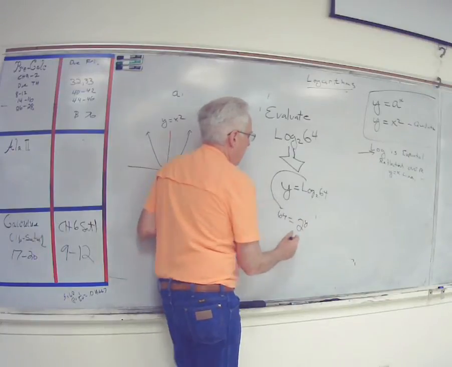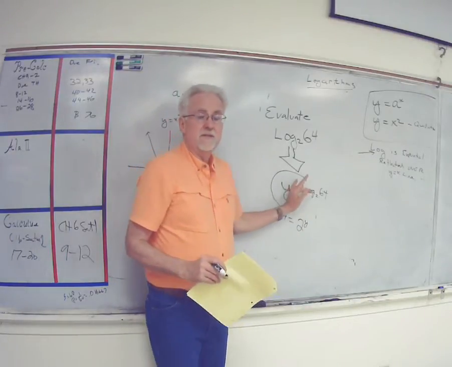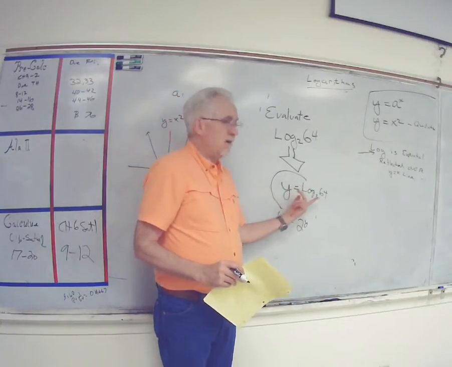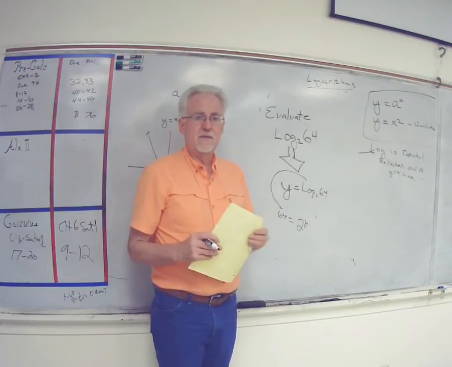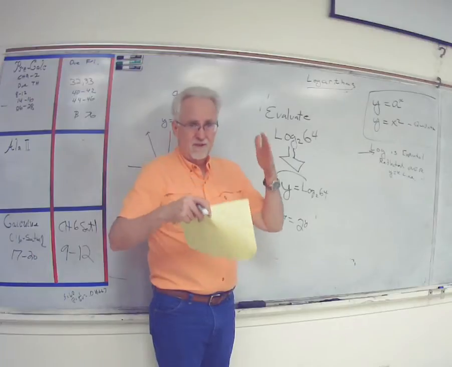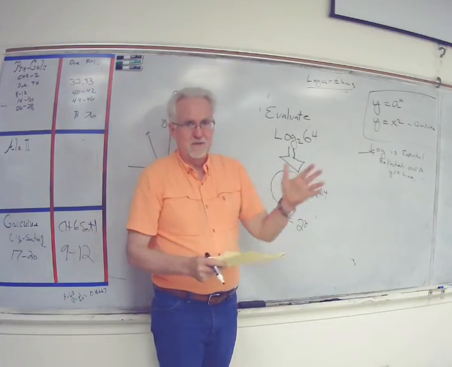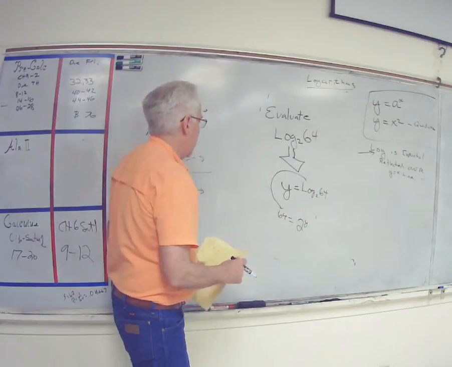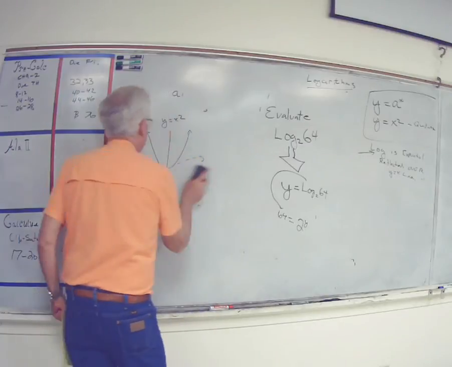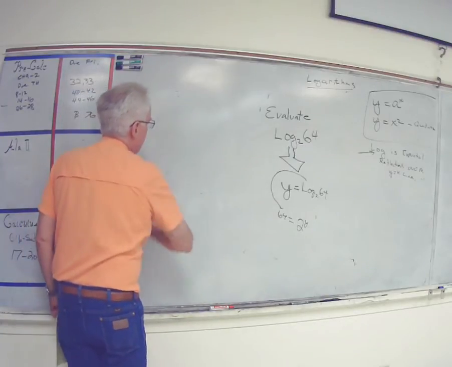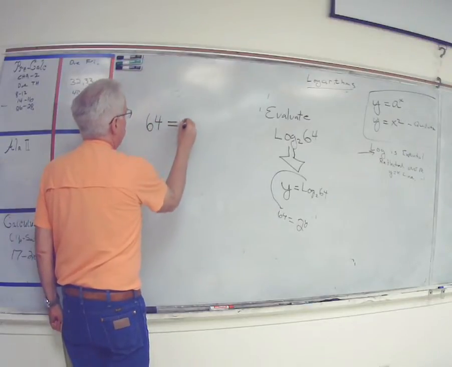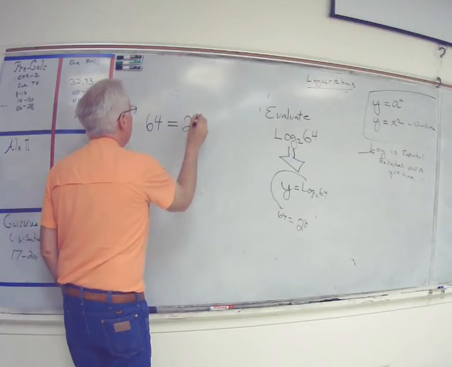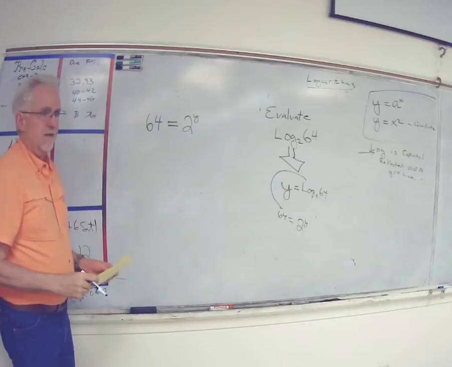And you know, Jaden, if it's easier, you can write it the other way, if it makes it easier to see, but I think you were working through it with it being backwards, and so it was a little bit harder. Okay, so now I made some progress. 64 is equal to 2 to the y, and I want to know what y is.